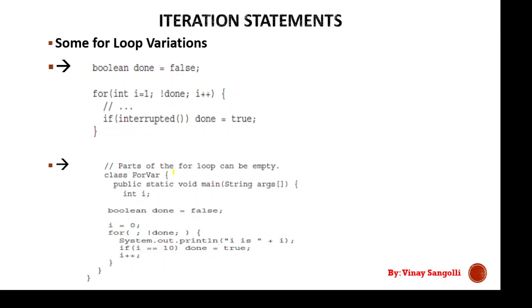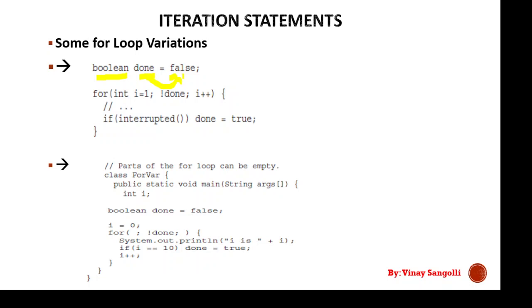Apart from this, there are other variations as well. Say for example, the next variation we will be looking at, if you can observe here. What we have done here, friends, is we have defined a Boolean value. The name of that value is done, and the initialization of that value is false. So the type is Boolean, the name is done, and the initialization is false.